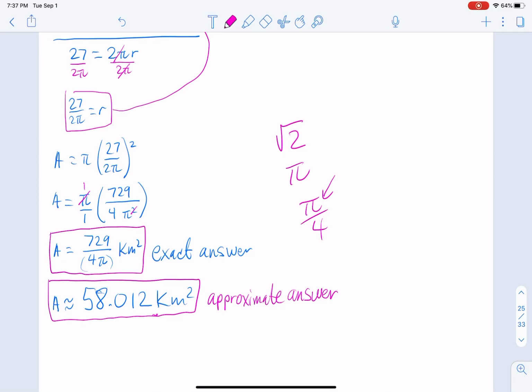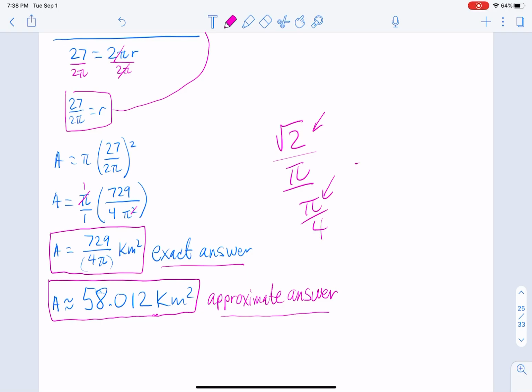So every single one of these kind of numbers has either an exact form or an approximate form. The exact form uses the symbol. This exact answer for the square root of 2 is just like you see it there, the square root of 2. And the exact answer for pi is just the symbol pi.